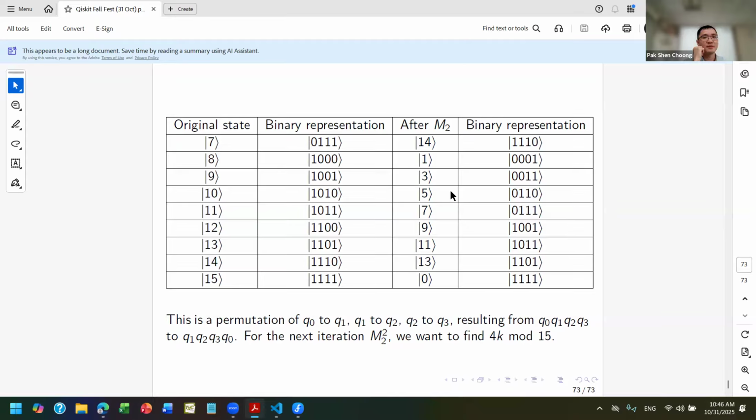Perform all these things. Calculate out the binary representation after M2. Now you can see that after M2, the binary representation actually is just a permutation of the binary representation before. So this is where it is a little bit confusing because Qiskit orders the qubits differently from what we write.